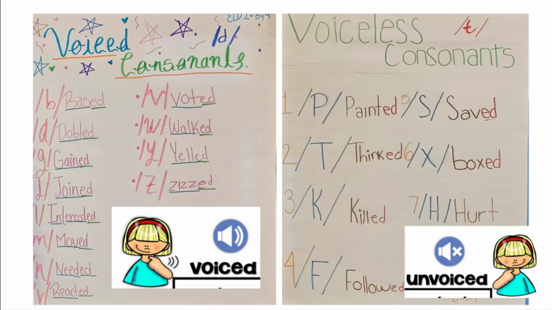Now, let's take a look at the voiceless consonants. These are also known as unvoiced consonants. This is because once you follow the same instructions and place your finger by your throat, you will not be able to feel a vibration when pronouncing the phoneme letters.